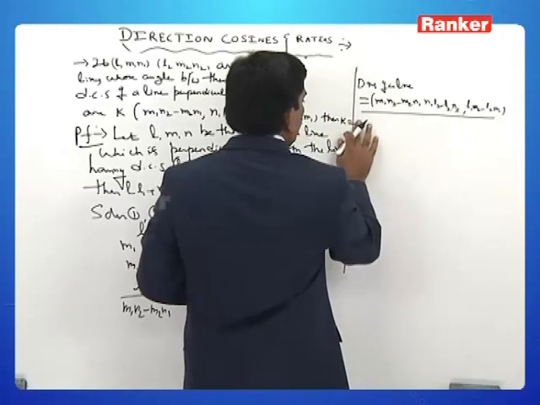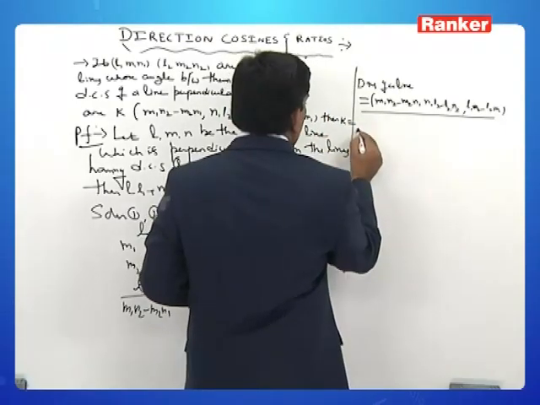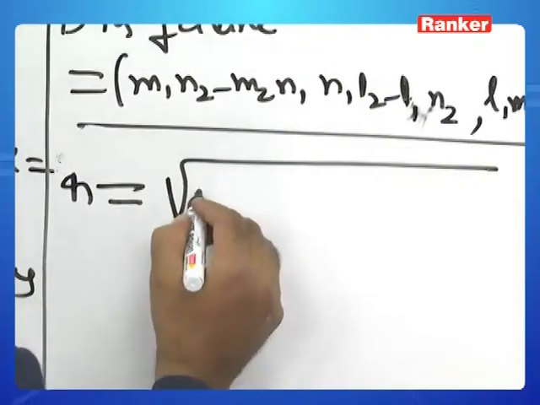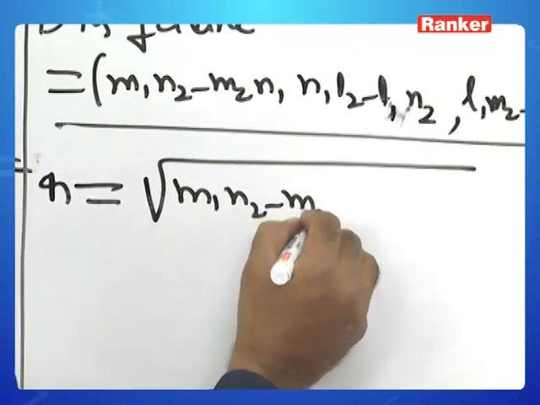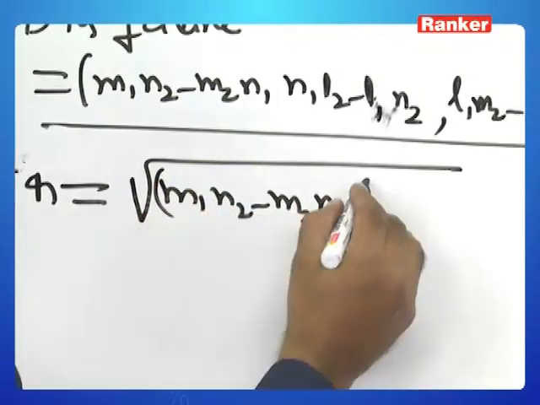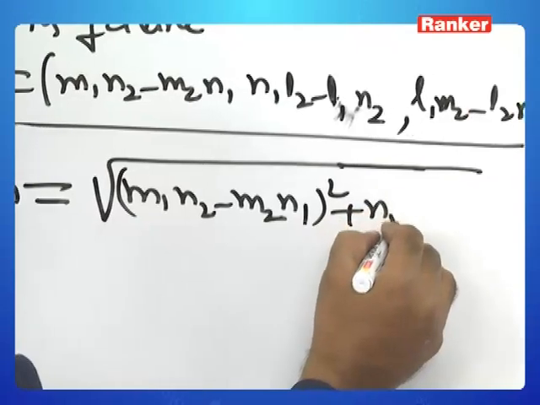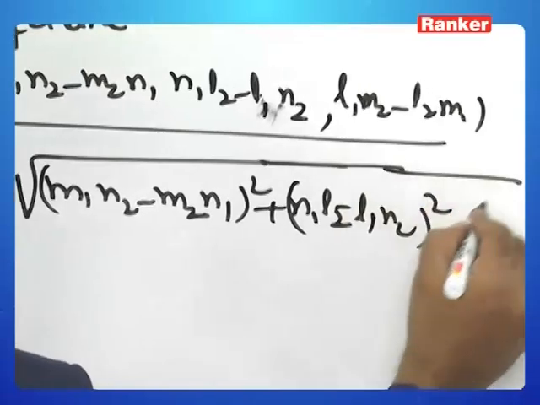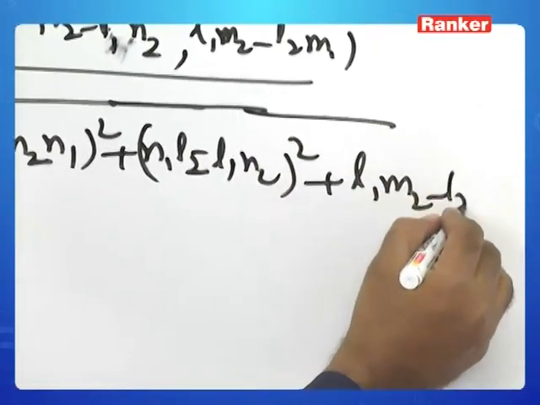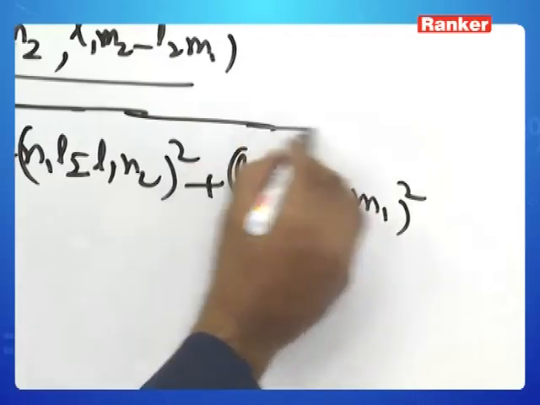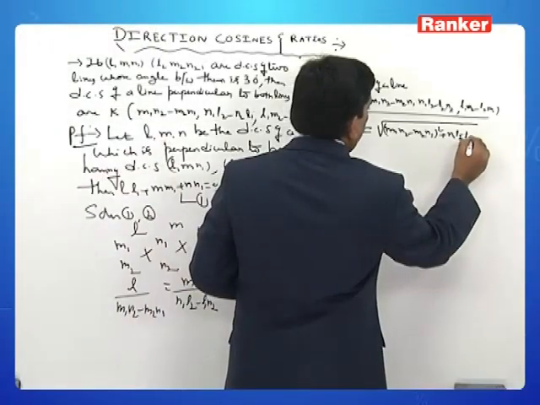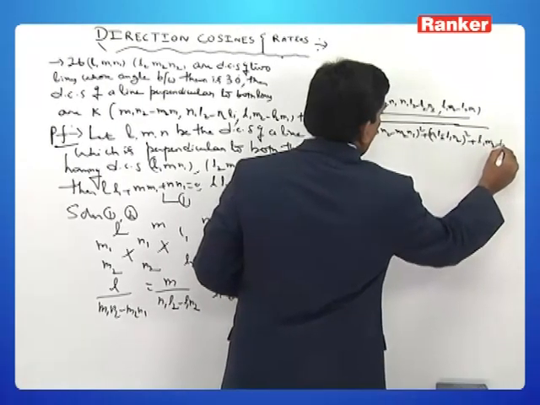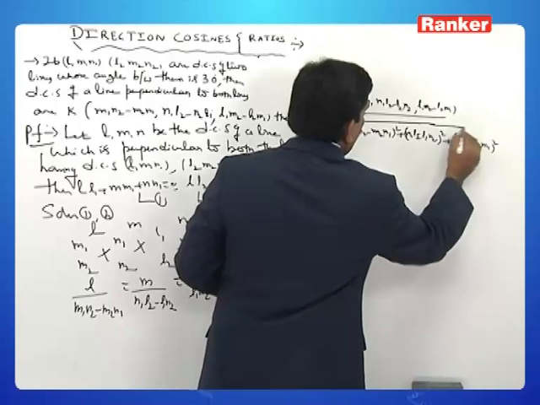Let the length be r, which is the square root of (m1 n2 minus m2 n1) whole square plus (n1 l2 minus l1 n2) whole square plus (l1 m2 minus l2 m1) whole square.